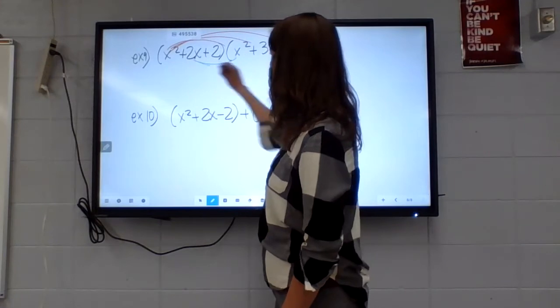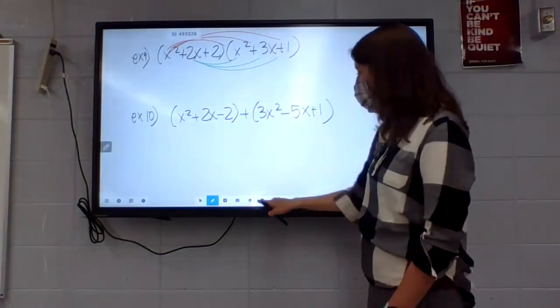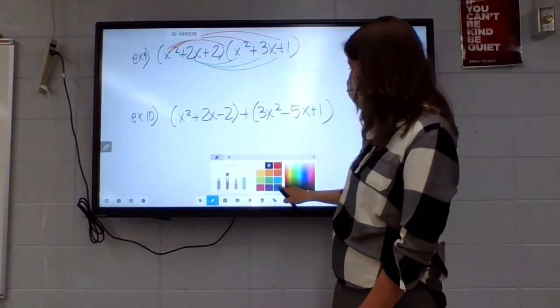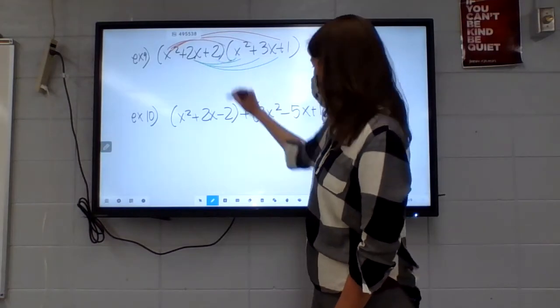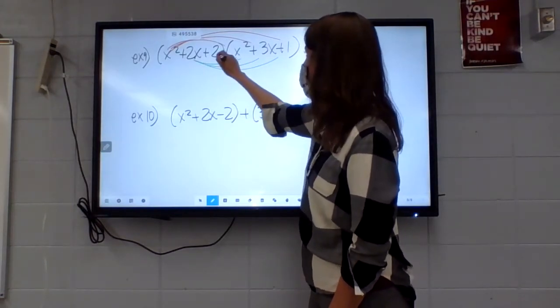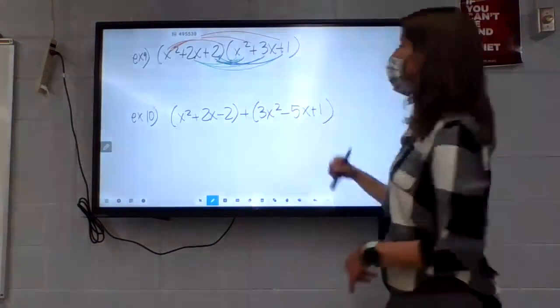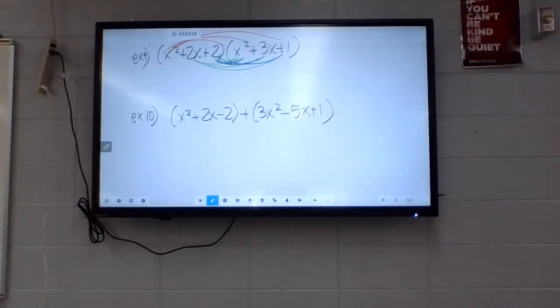This times all 3. But then there's still a whole other term that would have to be multiplied by all 3. Whoops, I did the wrong one. So this one would be a big mess. It'd be 3 times 3, which would be 9 terms. I'm not going to give you any like that. So I'll double check on homework that there aren't any like that.